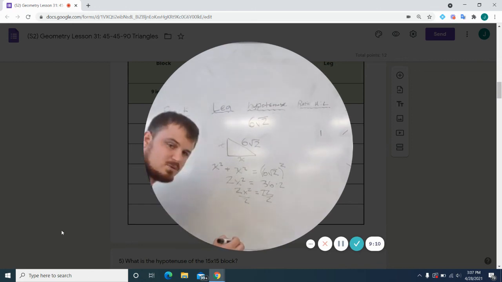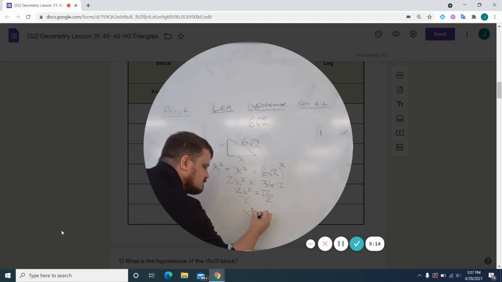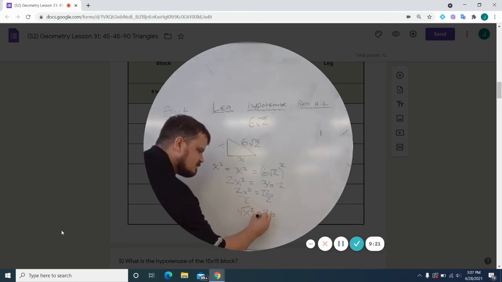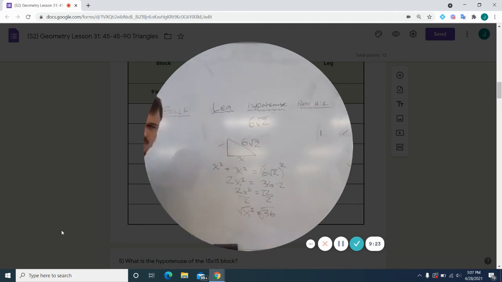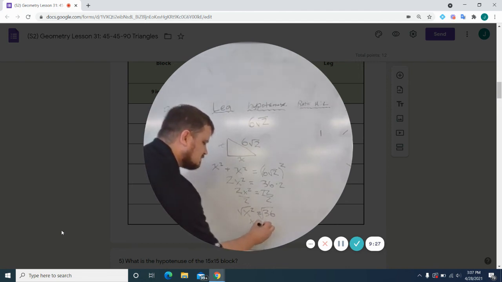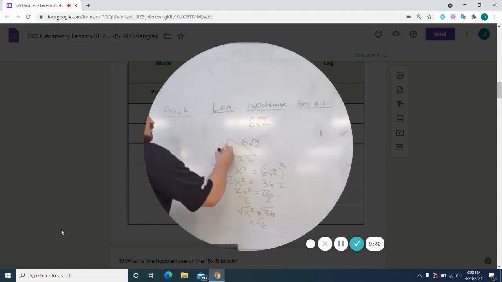So we now have x squared equals 36. Now take the square root of both sides. This one's nice and simple because the square root of 36 is 6. So x equals 6.